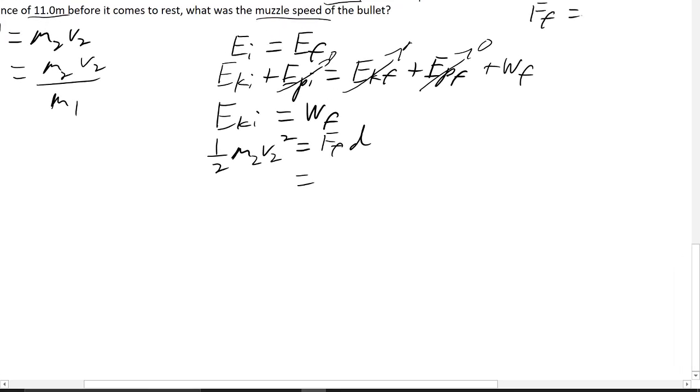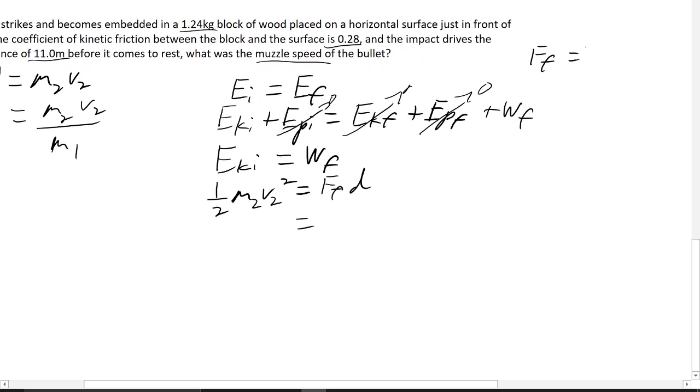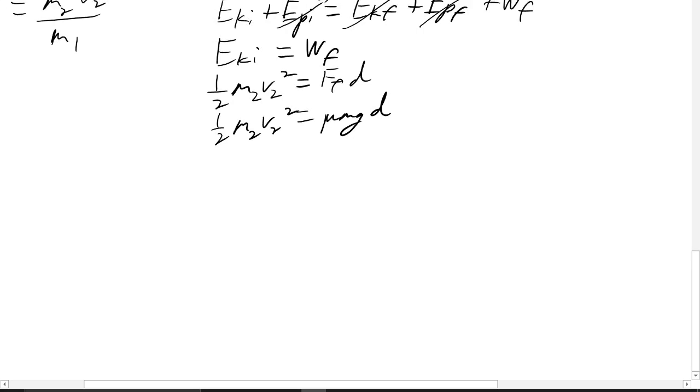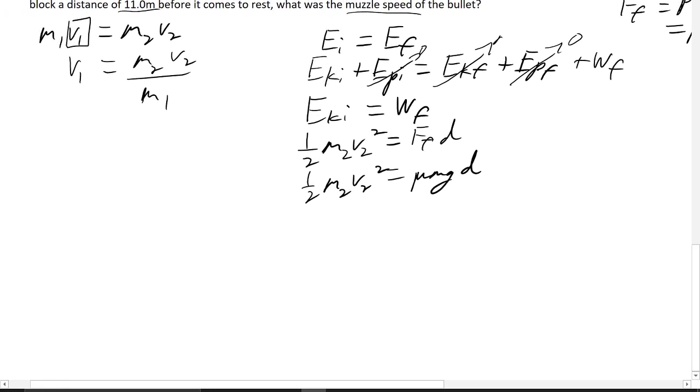FF is equal to N, which is equal to mu mg, since it's on a flat surface. So that means that this side is mu mg times d, and the left side is 1 over 2 m2 v2 squared. And right now, we're looking to solve our initial equation here.